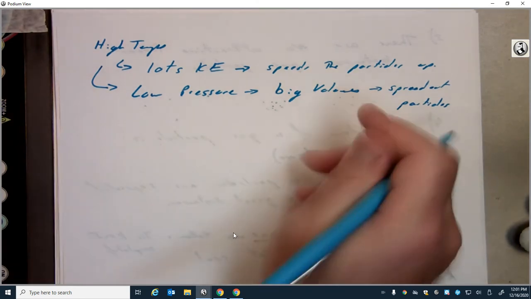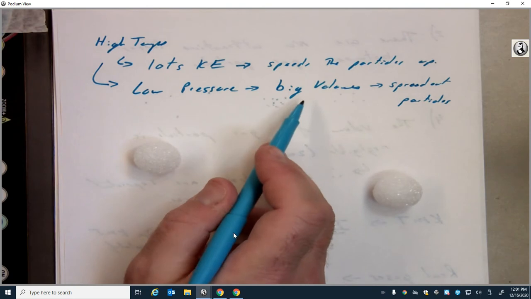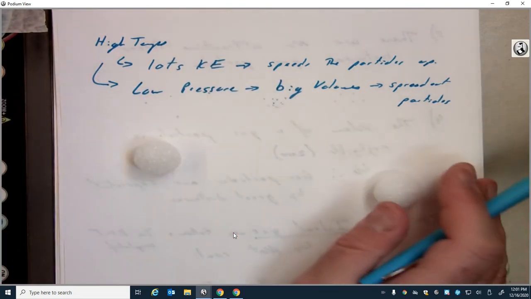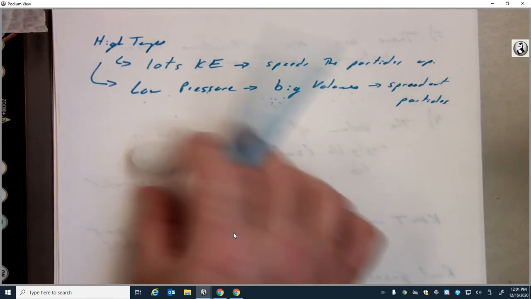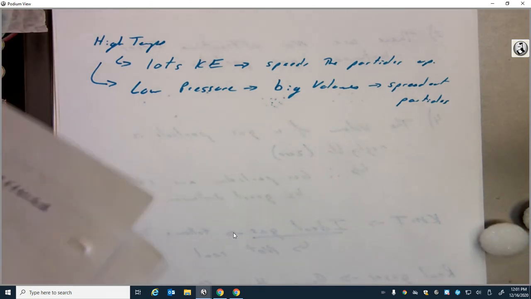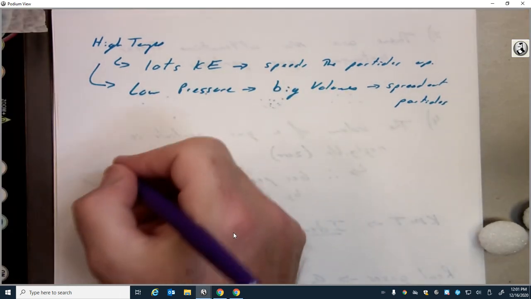Okay, so remember that KMT says these particles are way far apart. So if we have big volumes, it spreads them apart, so it's going to help this act most ideal. Now, the other big thing with this has to do with the volume of that particle.